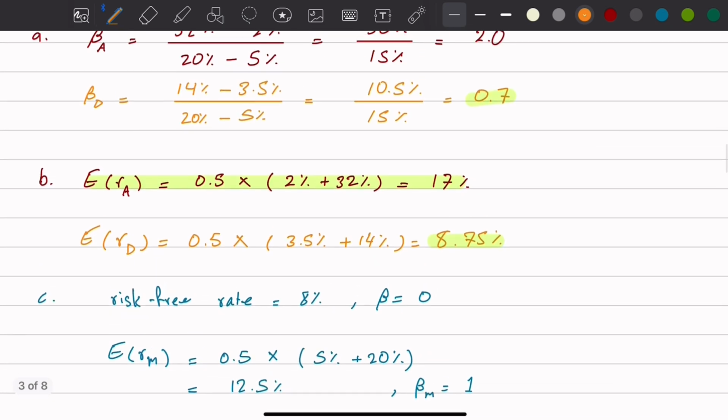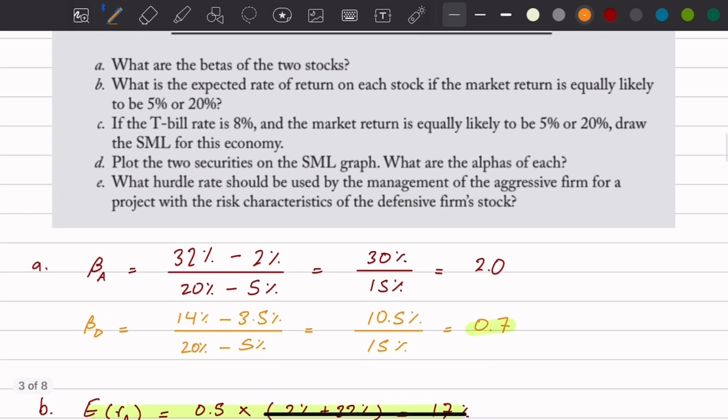Now let's go back and see the last requirement. Part E, it says what hurdle rate should be used by the management of the aggressive firm for a project with the risk characteristics of the defensive firm's stock.